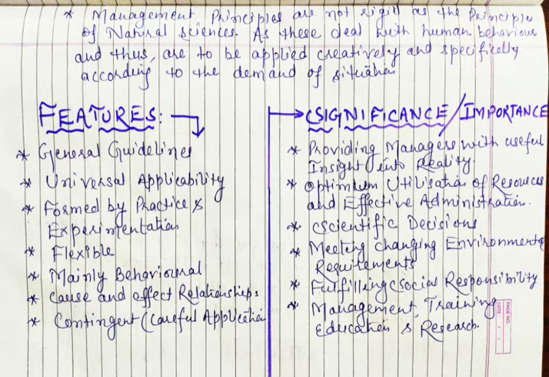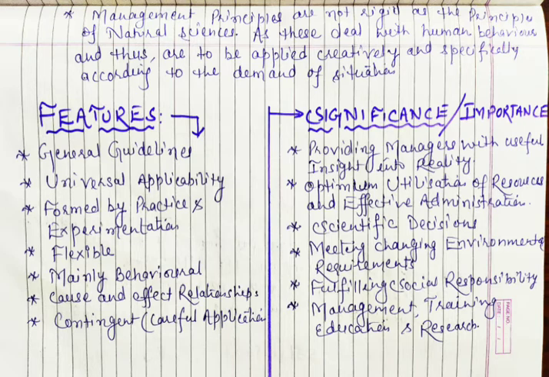Now we have to discuss the features and significance of these principles of management. The first feature is general guidelines. The principles of management act only as guidelines for decision making and taking action.